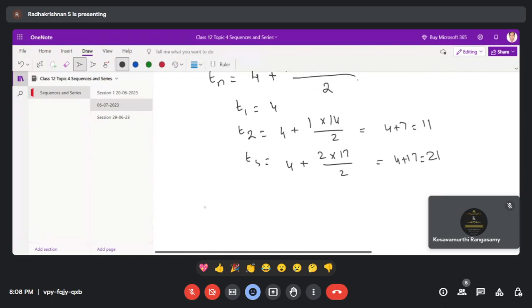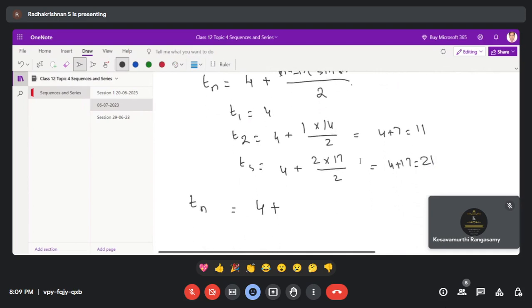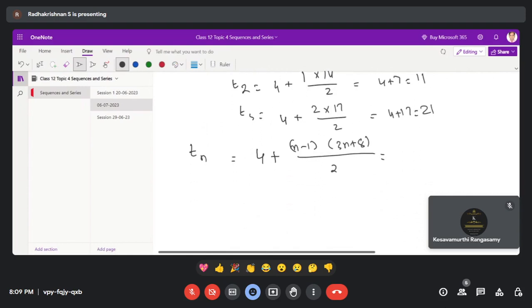So your Tn therefore is equal to 4 plus this, so this you have to simplify and get it like a simple function in n or a polynomial.